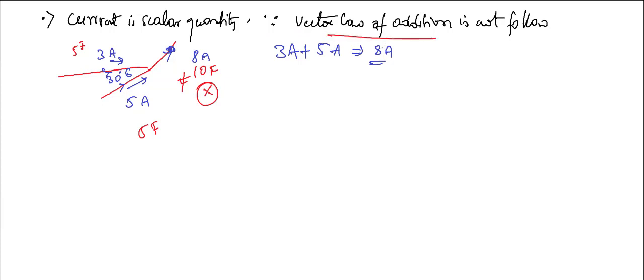Current doesn't follow the vector law of addition, and you have to keep in mind that current has both direction and magnitude.